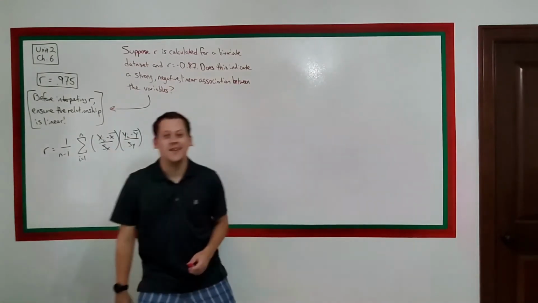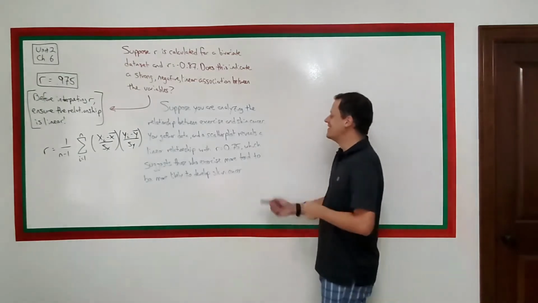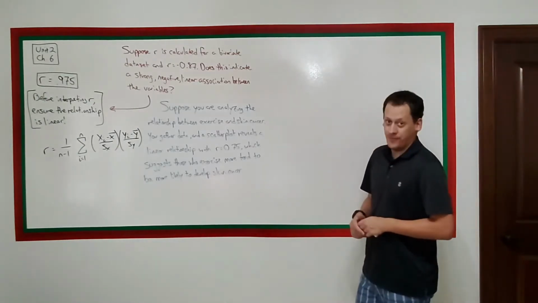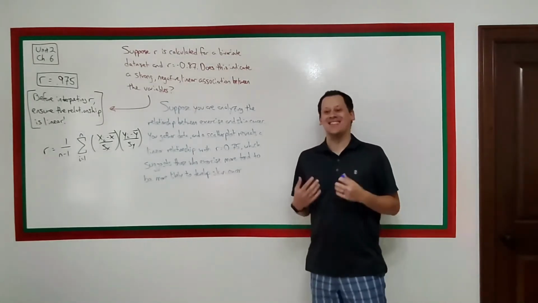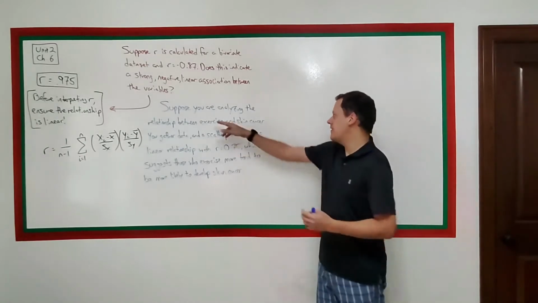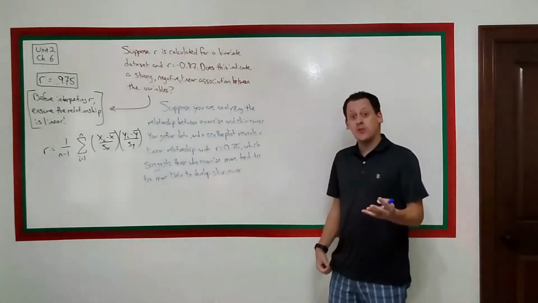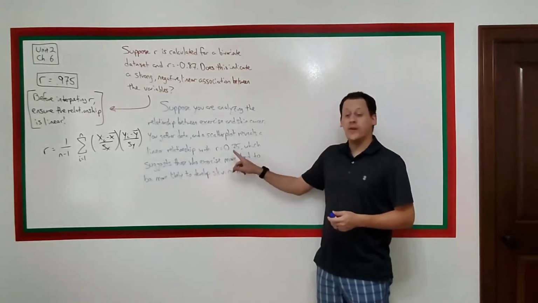Okay. Another example. Give me just one moment. Okay, let's take a look at what's in blue here. So, suppose you're analyzing the relationship between exercise and skin cancer. You gather data, somehow, on these 2 variables, and a scatter plot reveals a linear relationship with R equals 0.75.